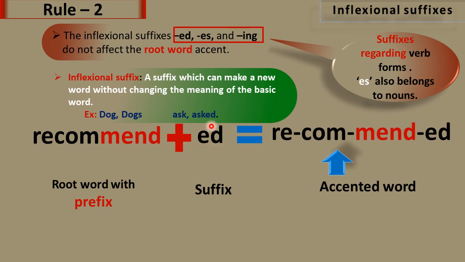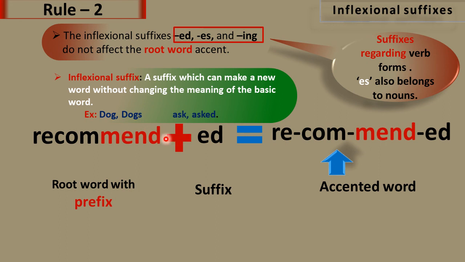By adding ed, the stress of the root word cannot be changed. Even by adding the suffix ed you can form recommended, and in this recommended also the stress is on the same syllable as in the root word.